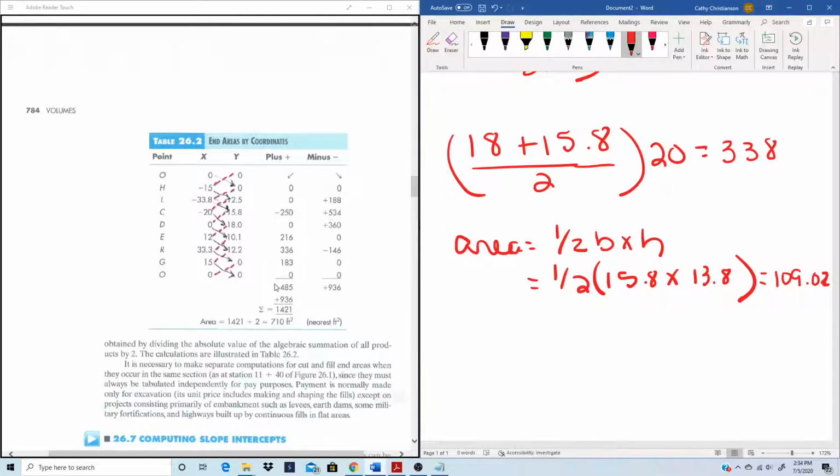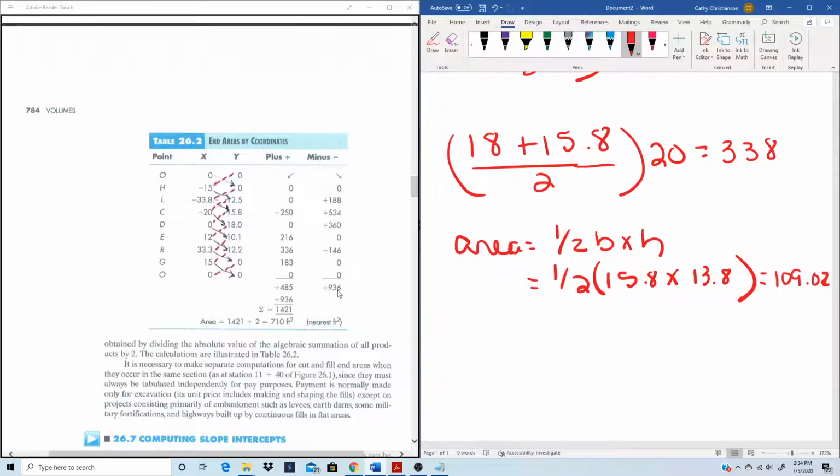And then when you come to the back side, we're now going to say a 0 and 15, 0. A 0 and negative 33.8 is 0. A 12.5 times a negative 20. 250. And of course they put negative. So if you total those up, and when you total up your pluses, they got a plus 485.